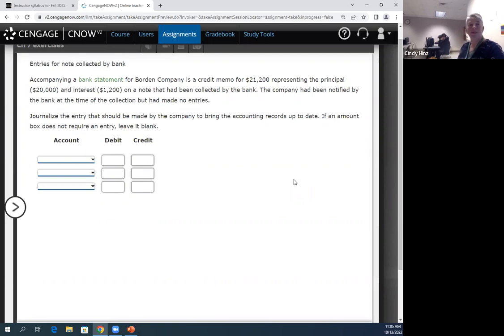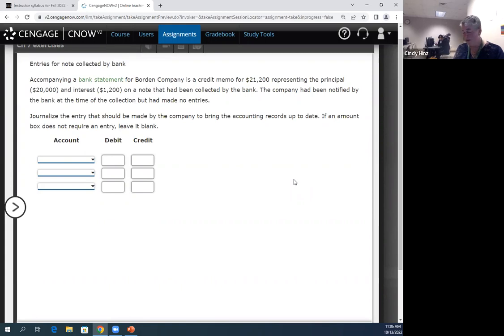And that's what happened in this exercise. We had a note with a customer, and the customer paid the bank directly for that note. And so how do we know that it was paid? How do we know that the bank put that money into our account? It shows up on the bank statement. So we now know that, oh, by the way, they collected on that note for us, the principal that was borrowed plus the interest that had accrued.